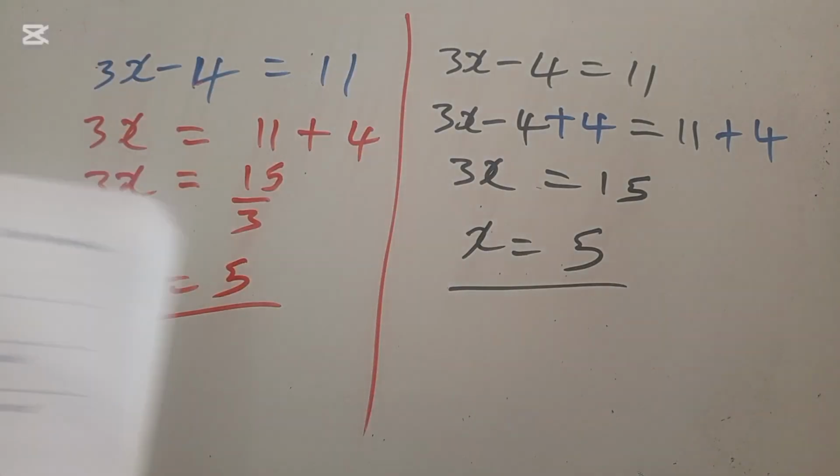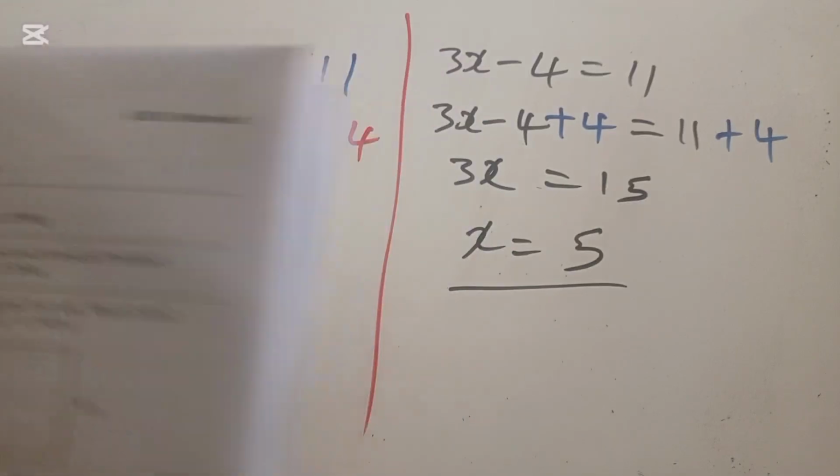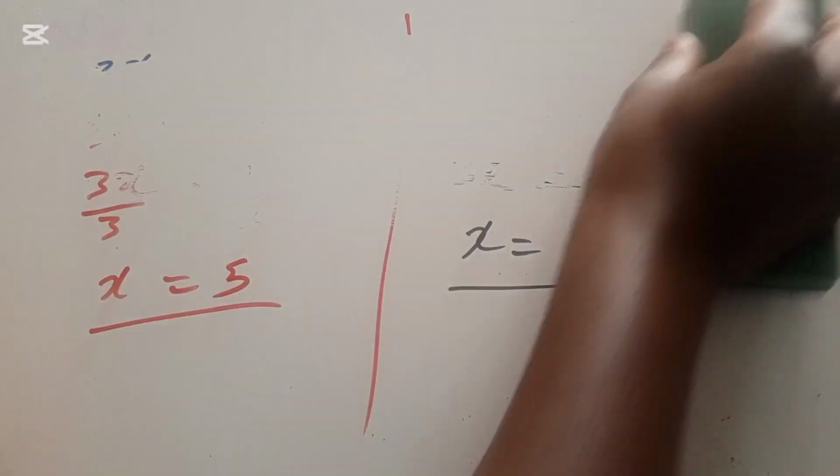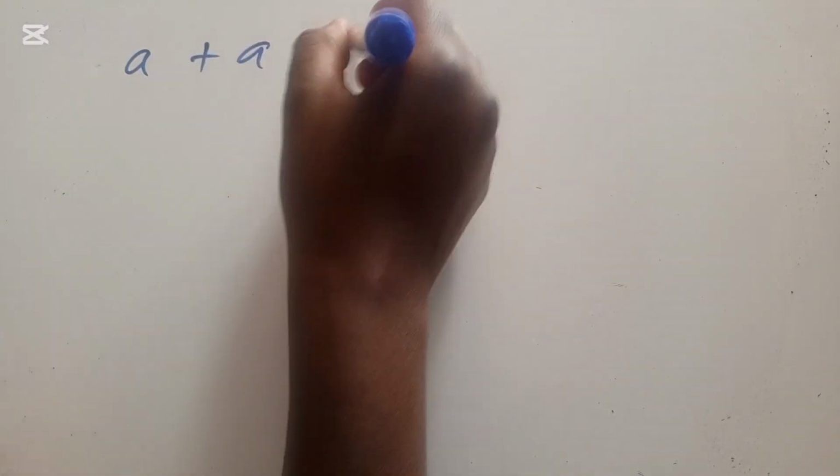Question 10 here, question 10, it says... This topic on algebra is one of the reasons why we discourage students from using calculators on everything. Because when you find, for example, this question asks a plus 2a, so you have a plus 2a.